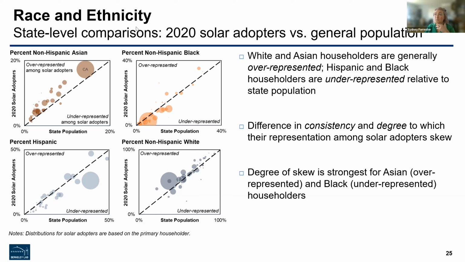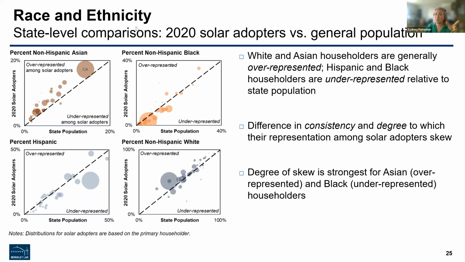specific individual data. So what you can see here is the upper left means that the population is overrepresented, and each circle is a state, and the size is the size of the solar market. And then the bottom right signifies underrepresentation. So this is, again, high level, but what you can generally see is that the white and the Asian householders are generally overrepresented compared to their state populations, while Hispanic and Black householders are underrepresented relative to their state populations.